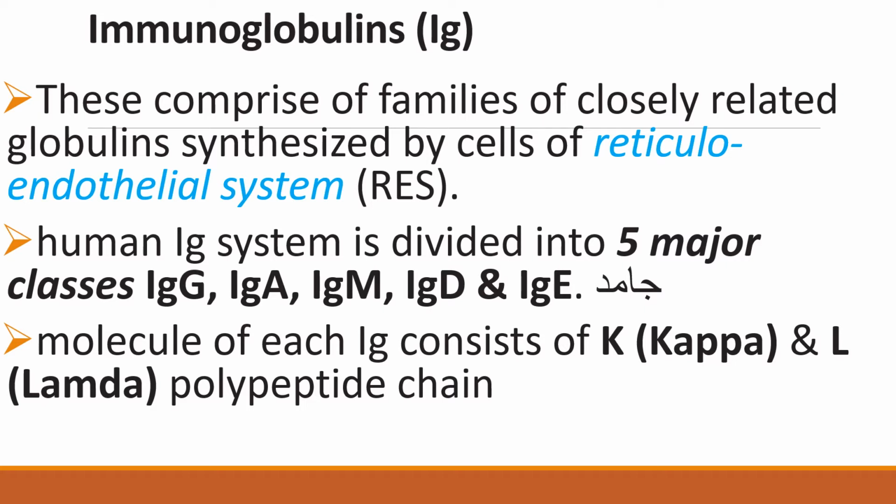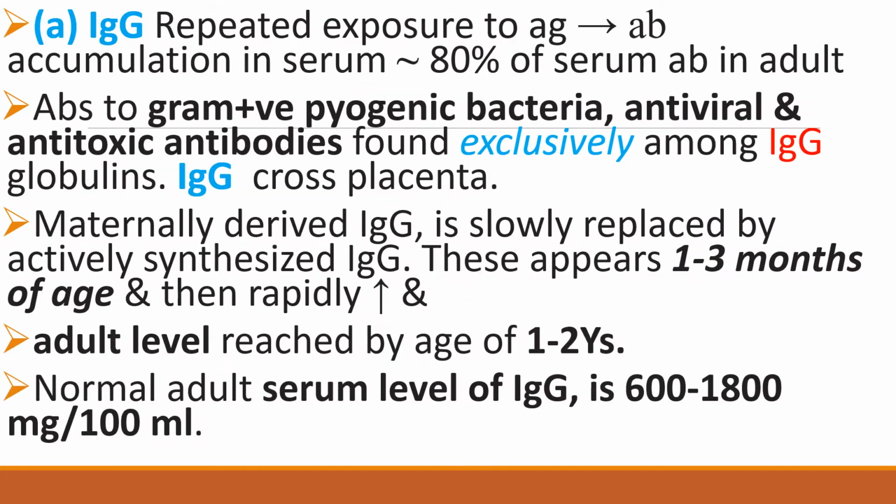Molecules of each Ig consist of kappa and lambda polypeptide chains. IgG. Repeated exposure to antigen leads to antibody accumulation in serum, reaching about 80% of serum antibody in adults. Antibodies to gram-positive pyogenic bacteria, antiviral, and antitoxic antibodies are found exclusively among IgG globulins.